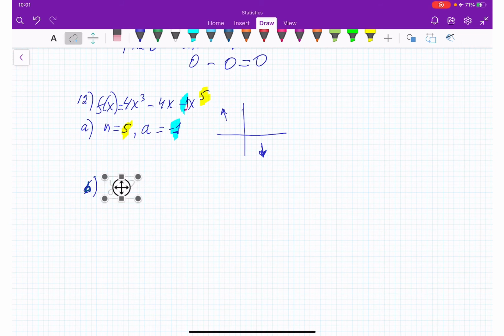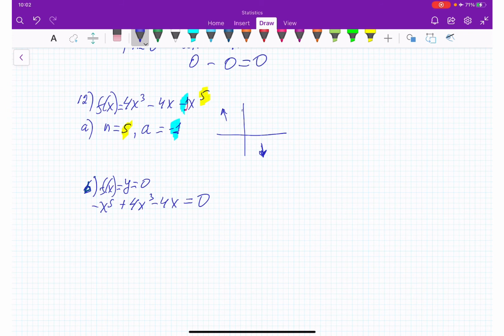Okay, let me put it here so nobody wonders, because y is a function of x. That's why, right? So 4x cubed minus 4x and negative x to the 5th. I put the negative x to the 5th in front. It's the highest degree. So it equals 0. What can I do?